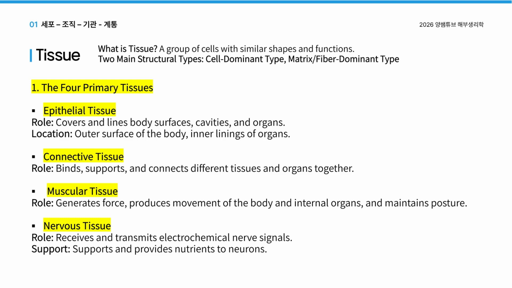Finally, nervous tissue. This is the communication network. It receives and transmits electrochemical signals throughout the body. It also provides nutrients and support to our neurons. So, remember these 4: epithelial, connective, muscular, and nervous. These are the building blocks of every organ in our body.